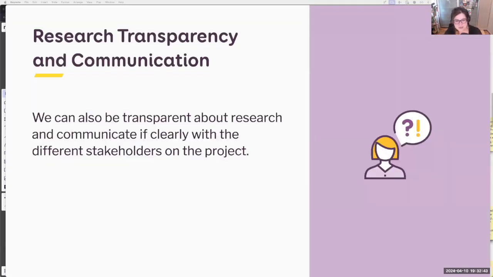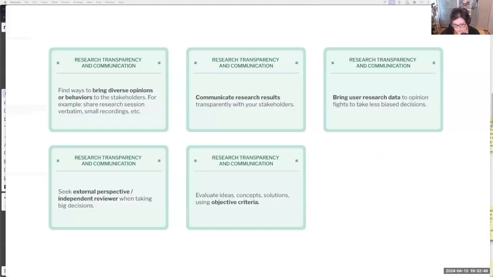Transparency and communication. So those are strategies about communicating with the stakeholders about the project. Actually, I have a lot of those here, which I will let you take a look at. But it's like bringing the user research data to the stakeholders so they can actually take good decisions, communicating the research results. Often this will help with things like the sunk cost fallacy.